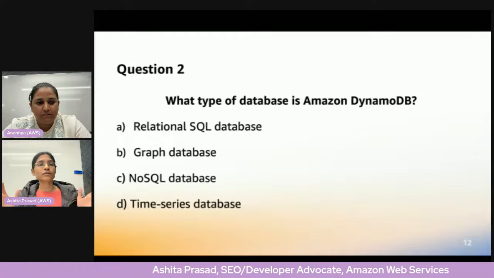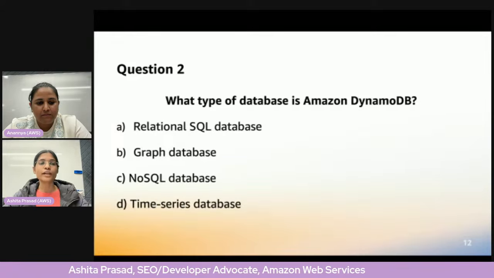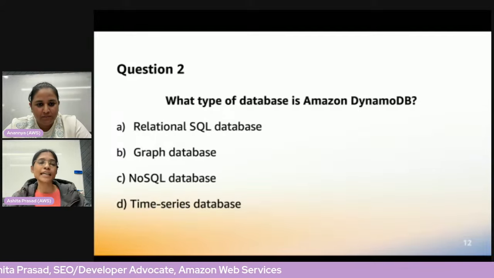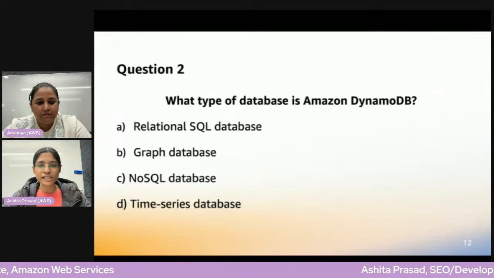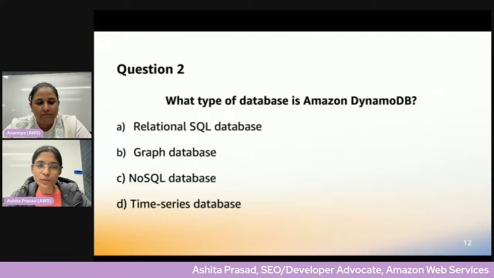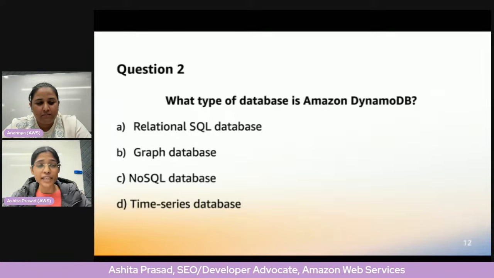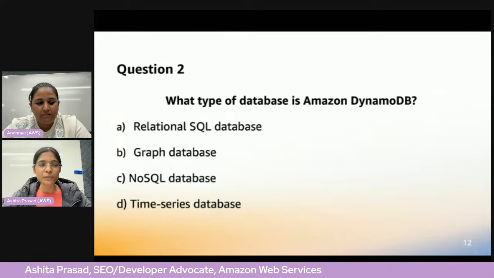So we talked about Amazon DynamoDB, where Lambda was interacting with DynamoDB to store all the data. So what type of database is DynamoDB? Is it a relational SQL database? Is it a graph database? Is it a NoSQL database, or is it a time series database?